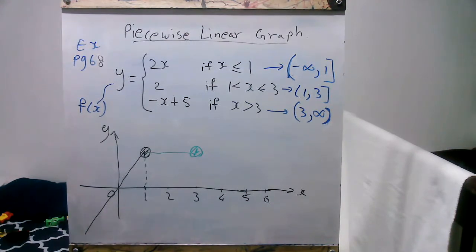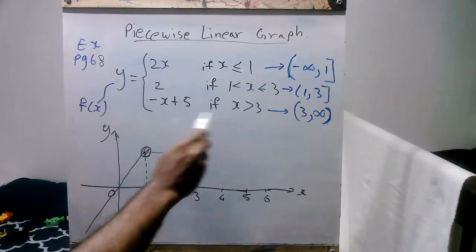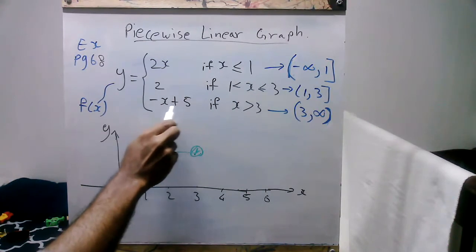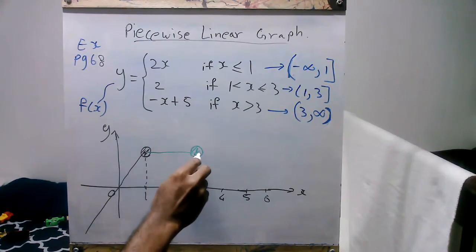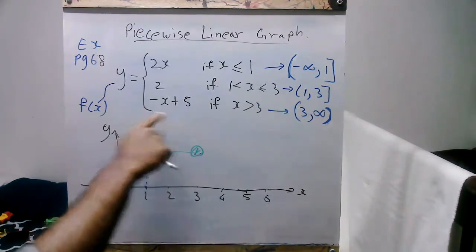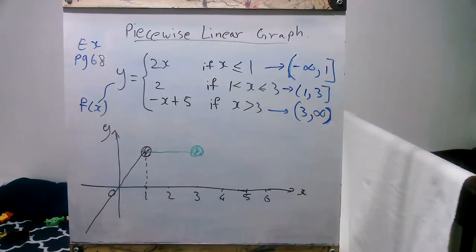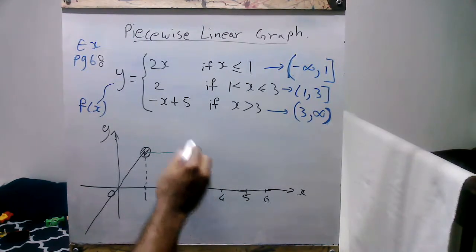When x equals positive 3, this will become negative 3 plus 5, which is positive 2. So we can start at this point. We start at 2. I use a different color, blue color here, and it has a negative slope.